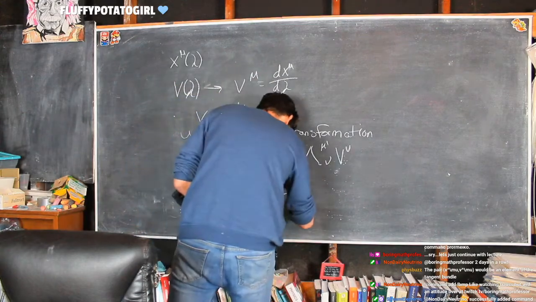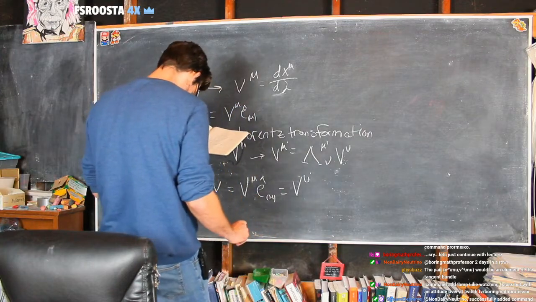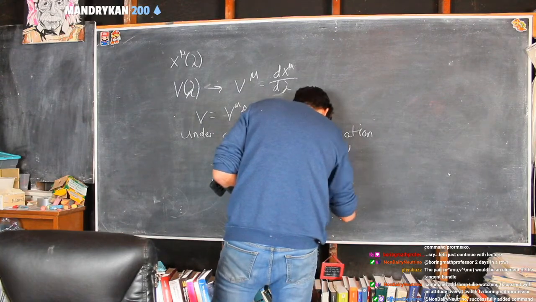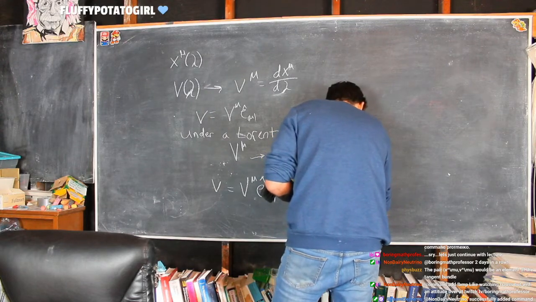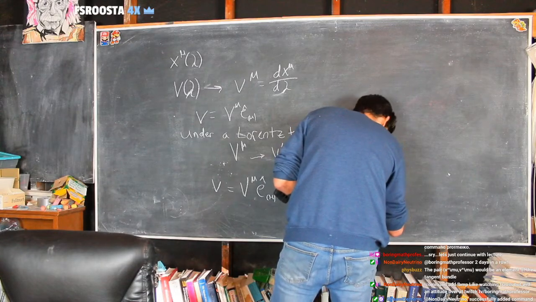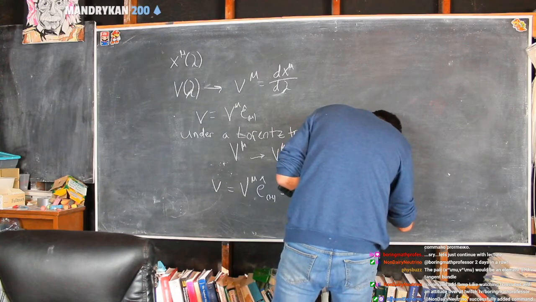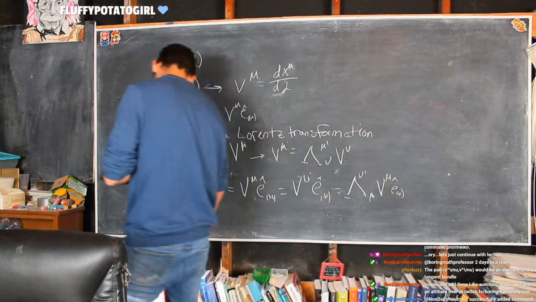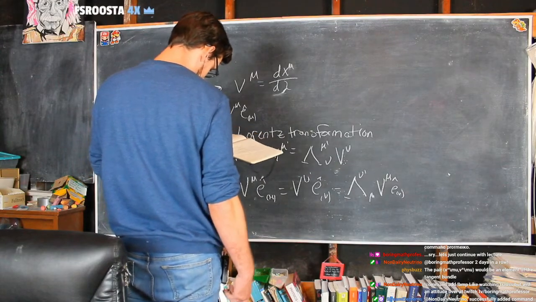That would equal the vector v^ν e_ν, which is equal to, again, the transformation Λ^ν'_μ v^μ e_ν'. So this is just ν, which is to say that this holds regardless of what v^μ is.